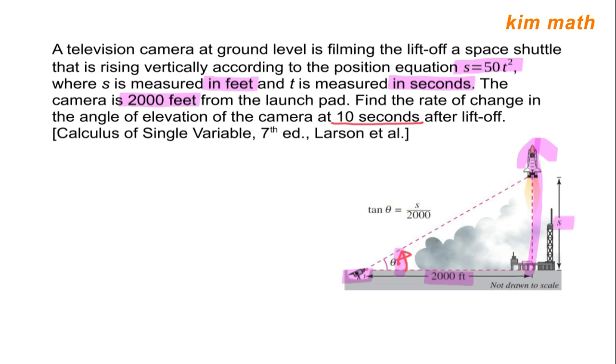So what is the given? In this case, s is 50 t squared, right? And another constant like 2000 feet, and we must find the angle of elevation at 10 seconds.